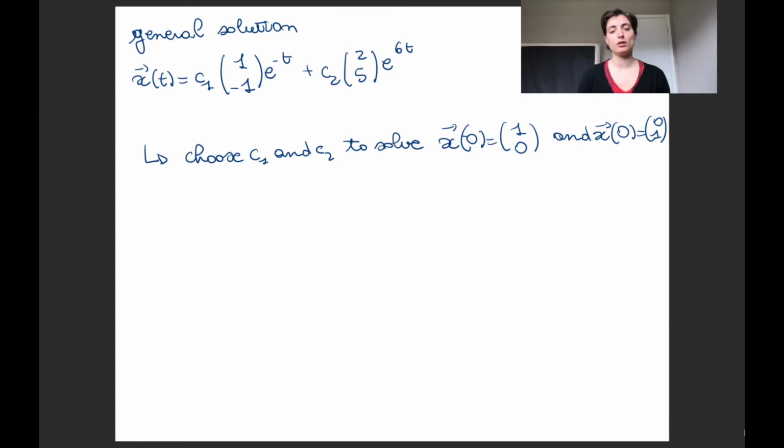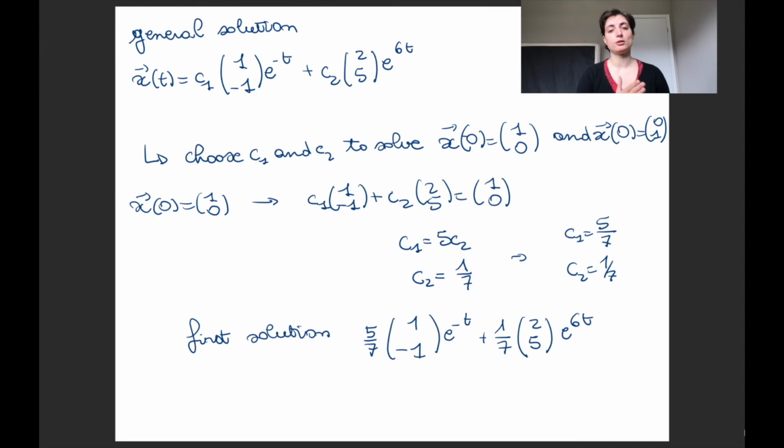So we want to solve for x at 0 equal (1, 0), and x at 0 being (0, 1). These are two different problems, so they have two different c1s and c2s that solve these problems. So we're going to go for it and try to compute them.